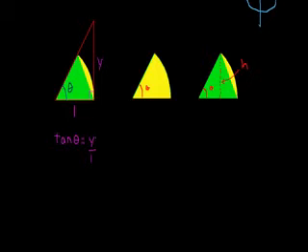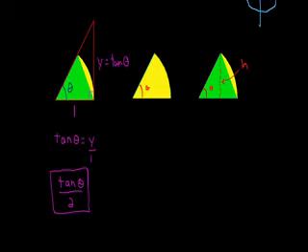Well, y over 1 is just y, so my height is actually just the tangent of theta. The area of this triangle is the base, 1, times the height, tangent, divided by 2. So the area of the great big triangle is the tangent of theta divided by 2. There it is.